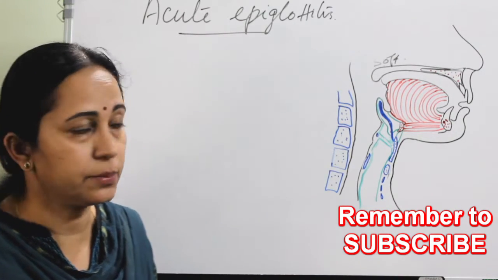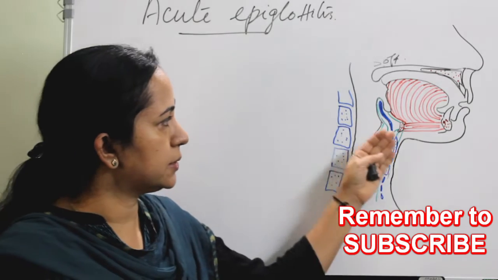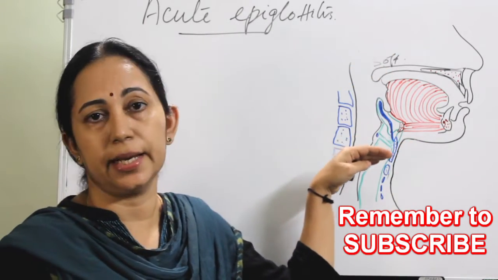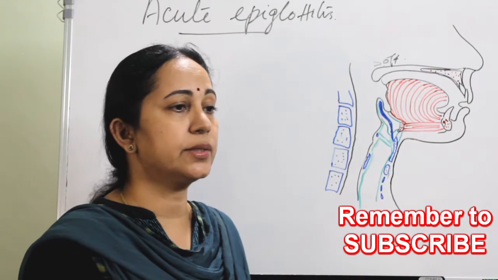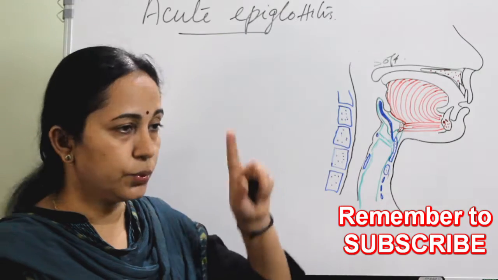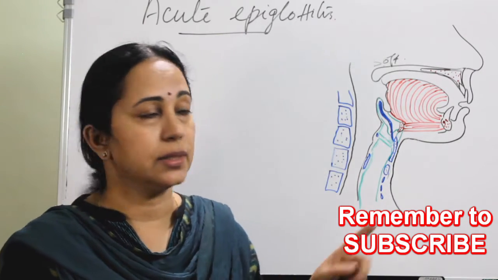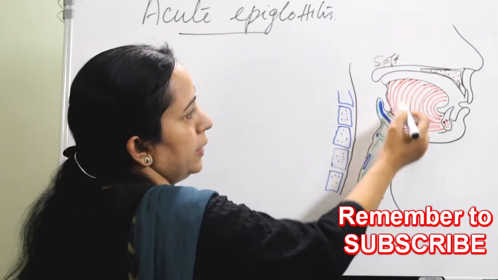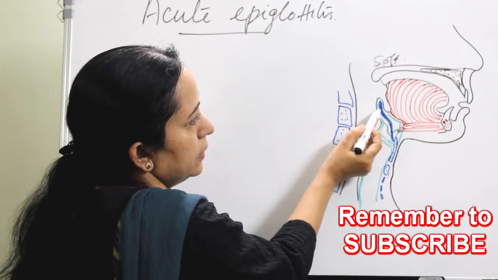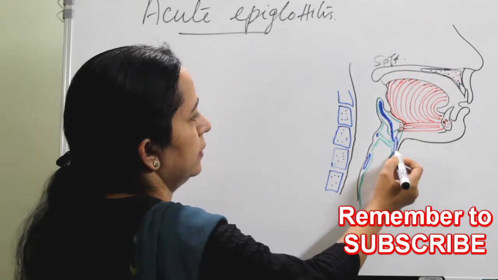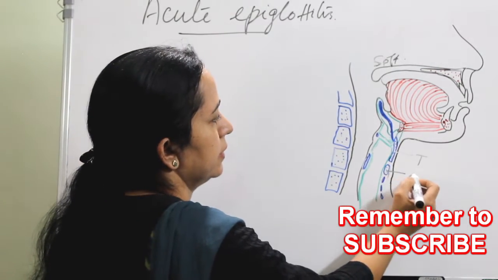So this one is a sagittal section through the larynx. Larynx anatomy was explained in a previous video. This is the soft palate, then tongue musculature, the leaf-like epiglottis, thyroid cartilage, cricoid cartilage.